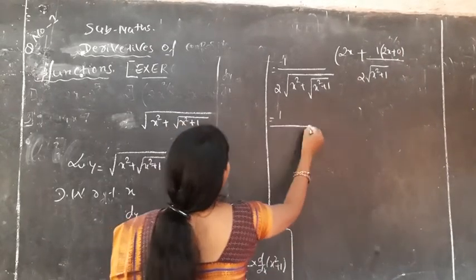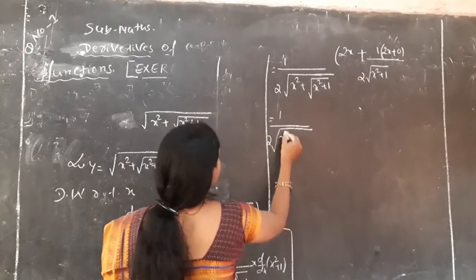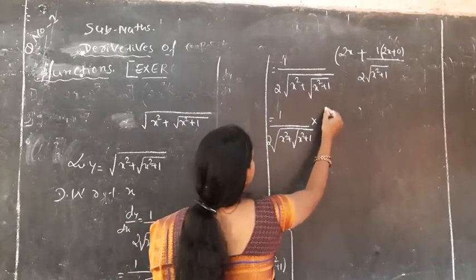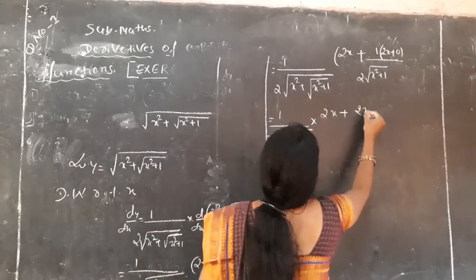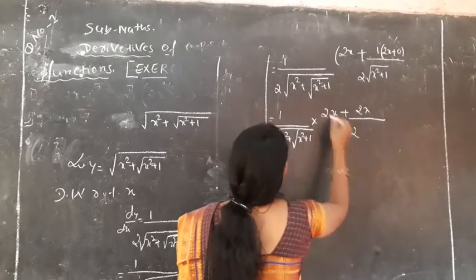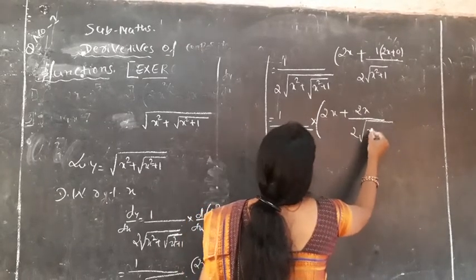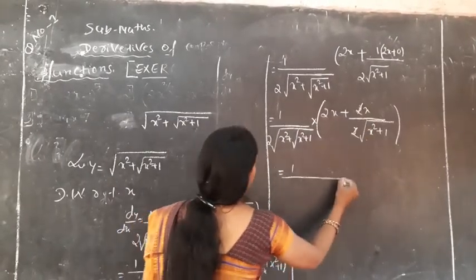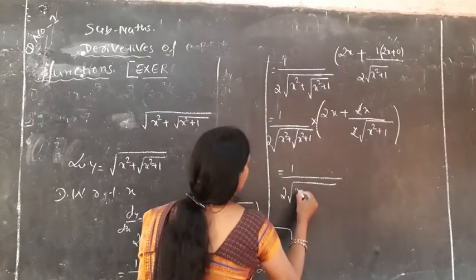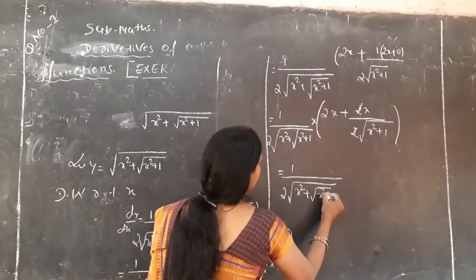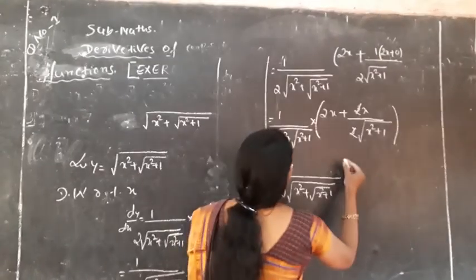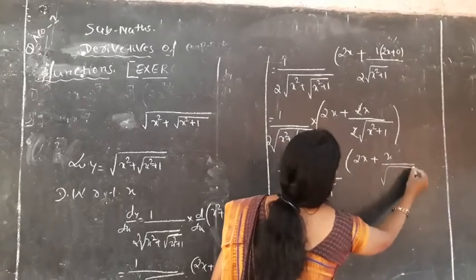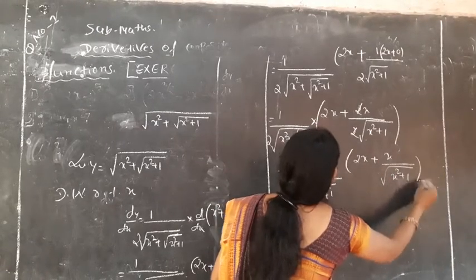Therefore 1 upon 2 square root of x square plus square root of x square plus 1 into 2x upon 2 square root of x square plus 1, 2 cancels, into the bracket 2x plus x divided by square root of x square plus 1.